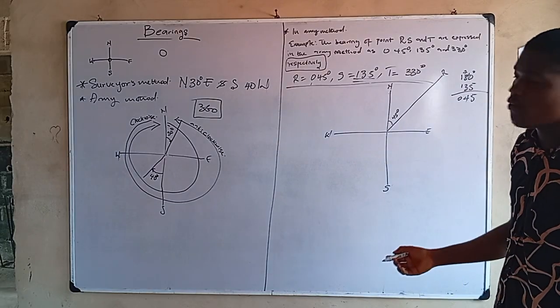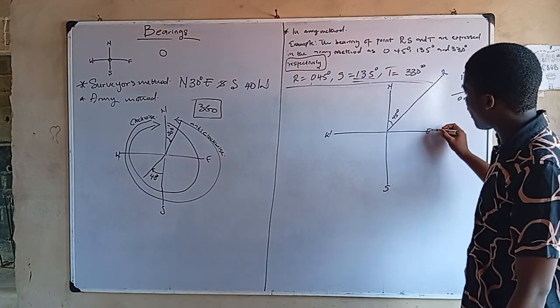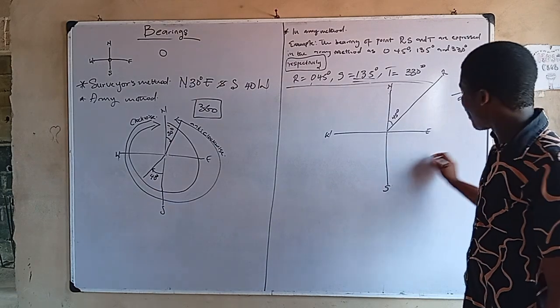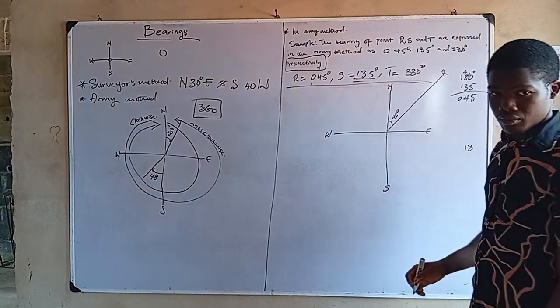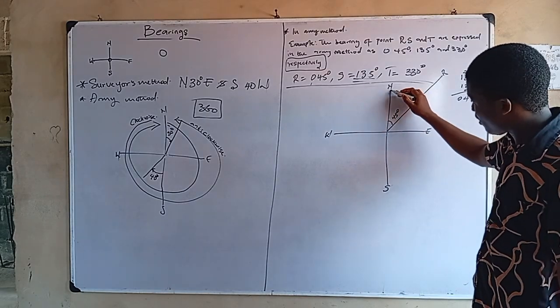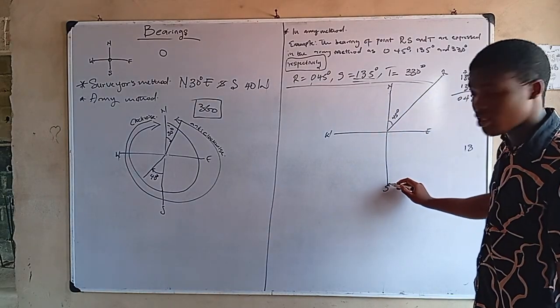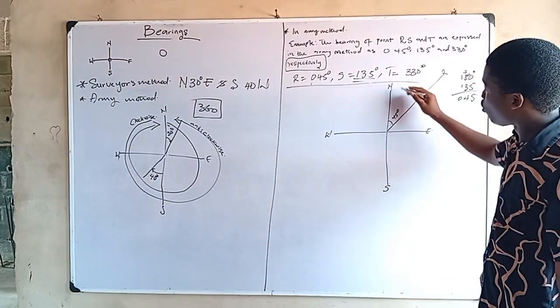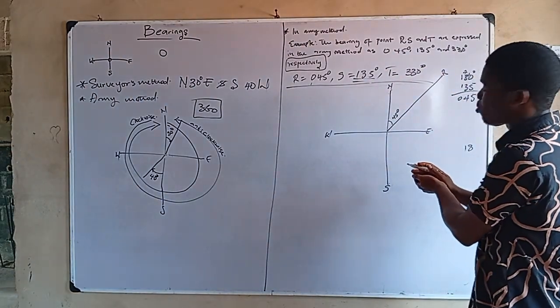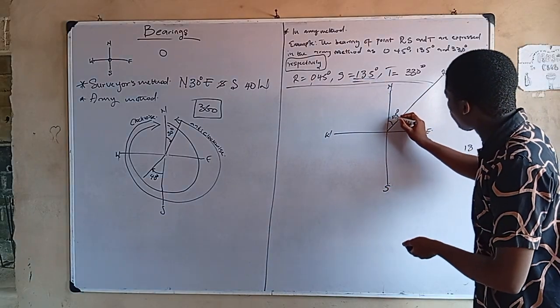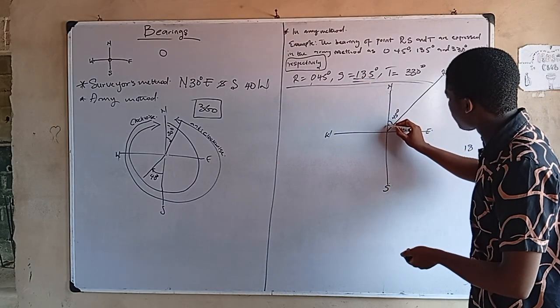And how do we get 45? We know that from here to here is 90, and from north to south it is 180. This is an angle on a straight line. From north to east is 90, so we combine two quadrants together to get our 135.